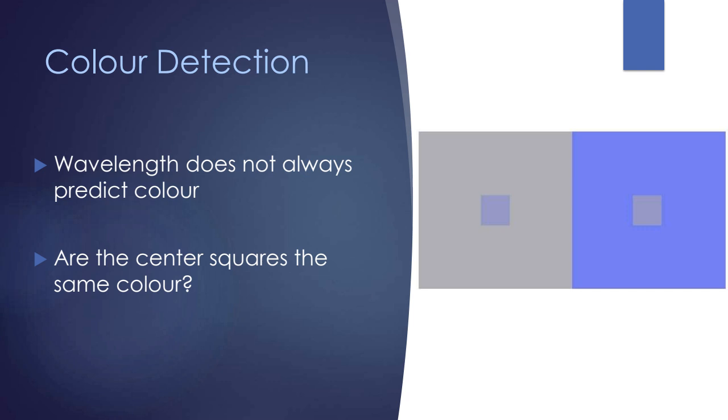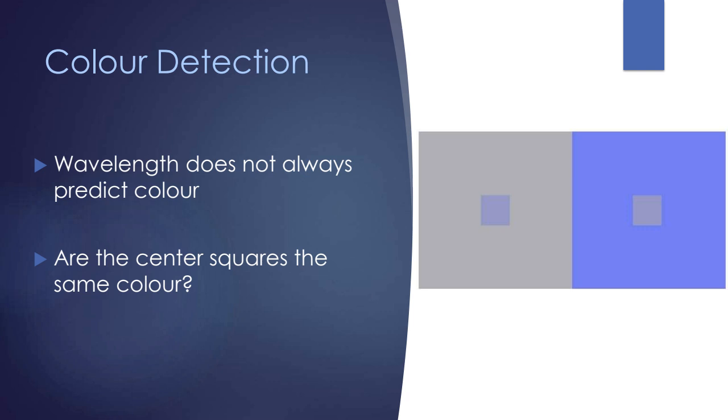It's not a property of light that's reflected off of them. Color is a construct of our brain that is based on how our photoreceptors in our eyes process those different wavelengths.